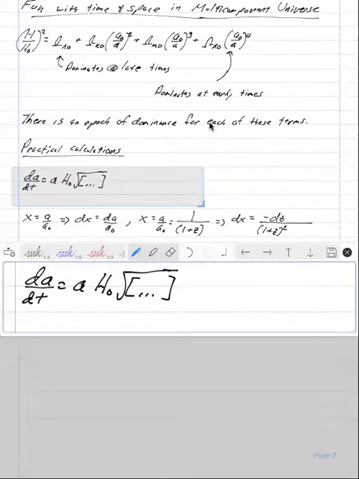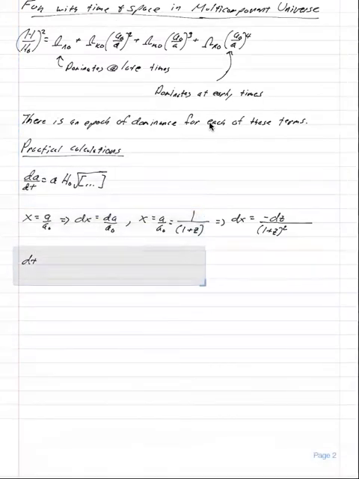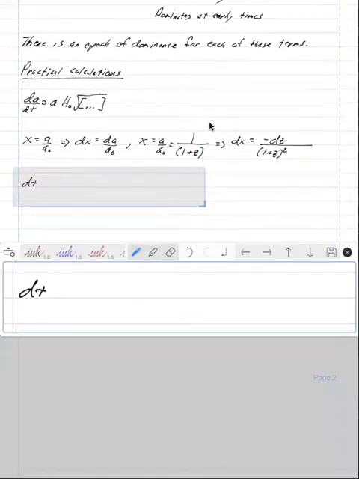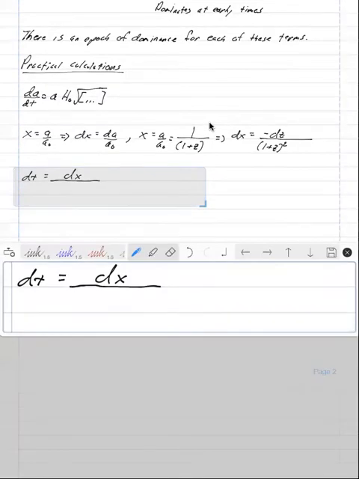So here we could just put dt on the right-hand side, and then the stuff that's on the right-hand side divided out so that's on the left-hand side, and we have dA over this quantity. But instead, I'm going to use x. So we have dt is equal to dx over H naught times x, and then the square root of everything that's in the bracket.